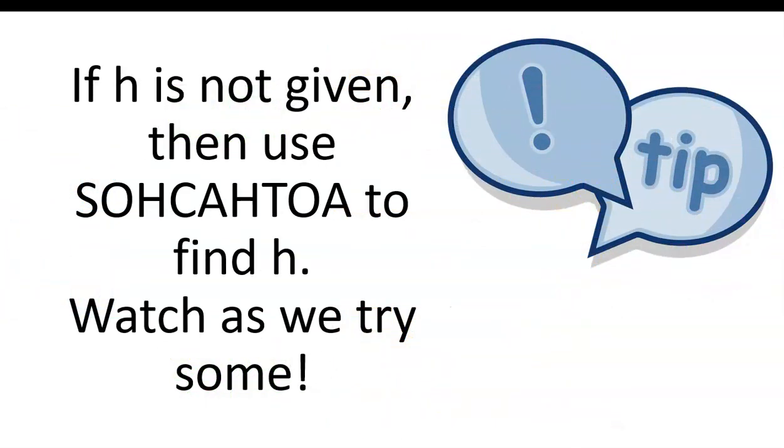Okay, so you saw me a few times refer to this H. If we don't know H, let's say that they don't give us the height, how in the world are we going to find it? Let's try some, and we'll see how to find this H. Okay, so how many triangles do I have?